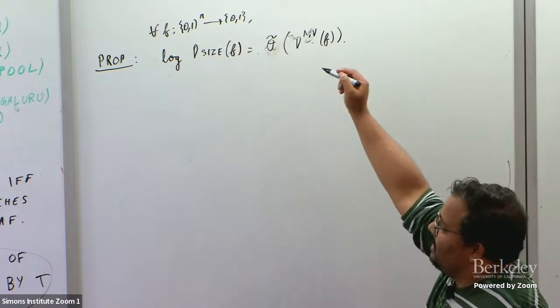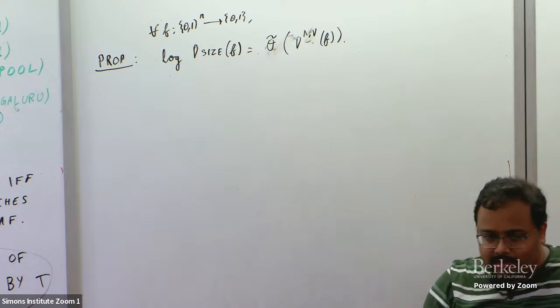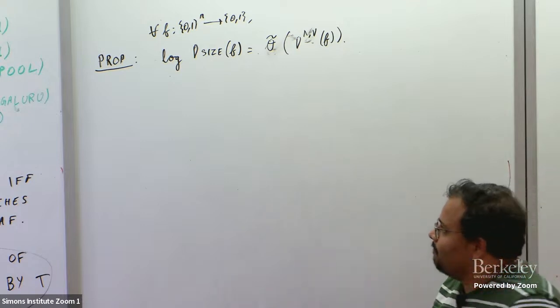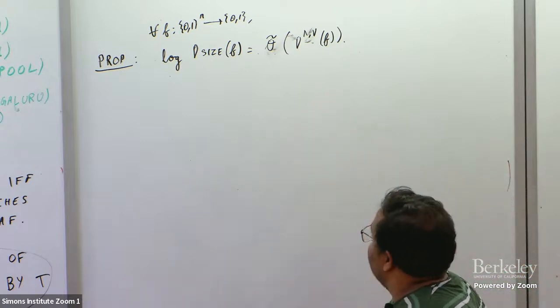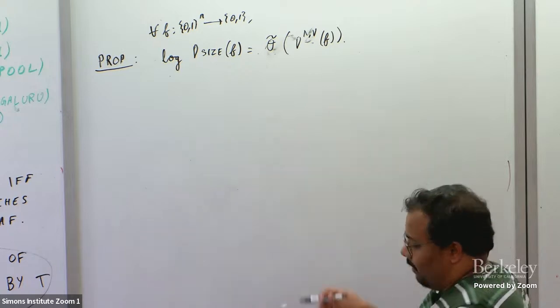Theta tilde always hides factors that are polylogarithmic in the input size. So polylog n factors. So let's look at a proof for this, at least.